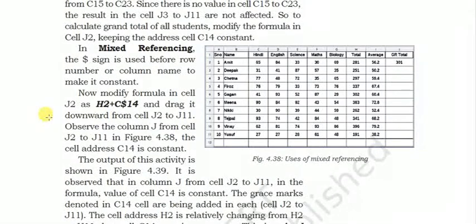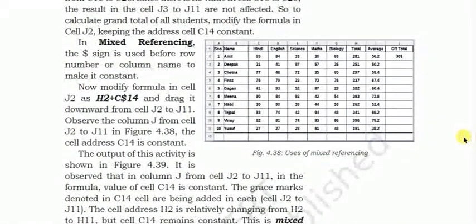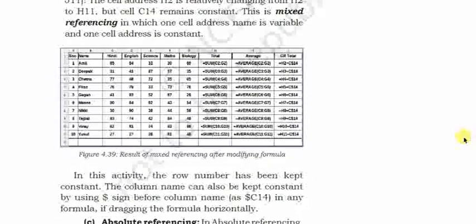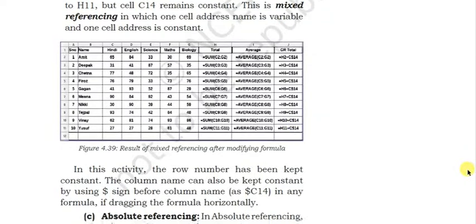Okay. So this is mixed referencing. Here you see that H2 is changing to H3, H4, H5, but the second value is not changing because you have marked this dollar here. Okay. So this is very important.